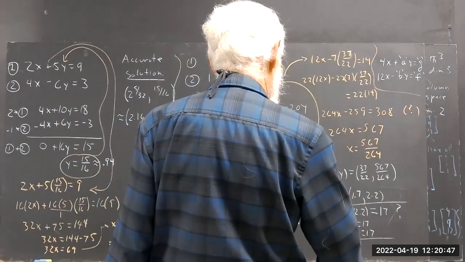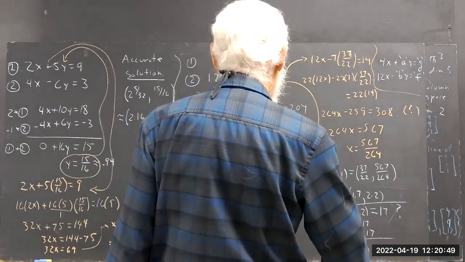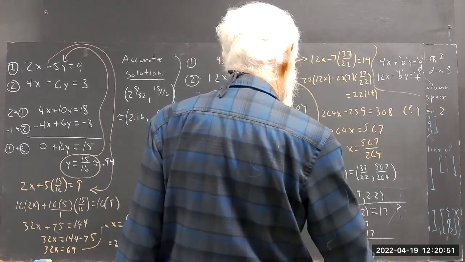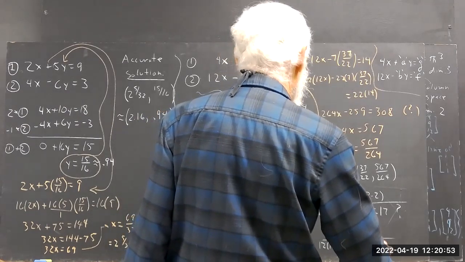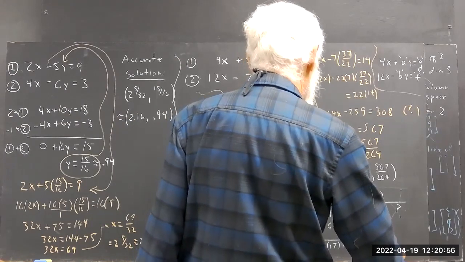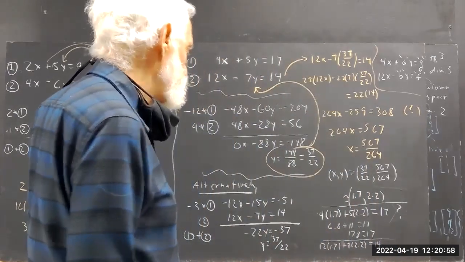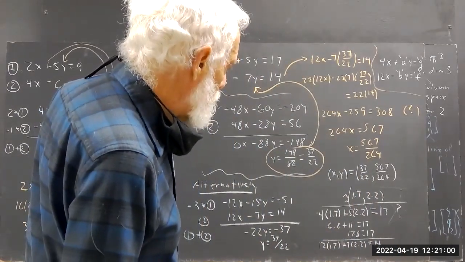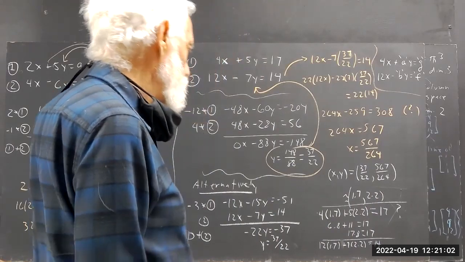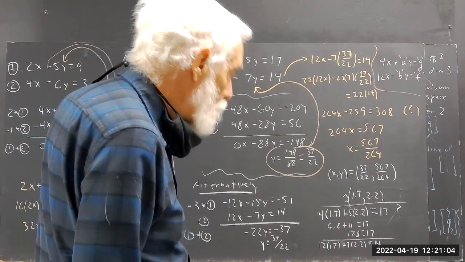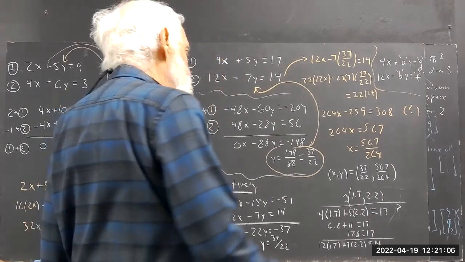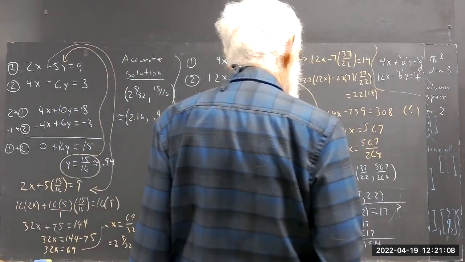12 times 1.7 minus 7 times 2.2 equals 14. That's going to give me 20.8 minus 15.4.